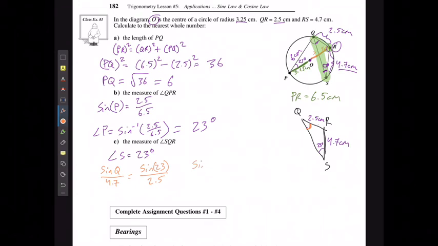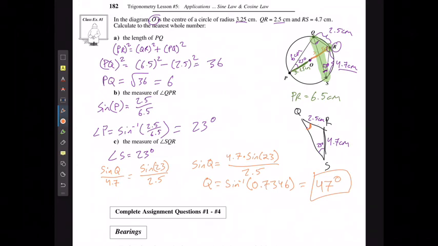Which means that sine of Q is going to equal 4.7 multiplied by sine of 23, all divided by 2.5. Which means that angle Q is going to equal sine to the negative 1 of what all that is. If I put that in my calculator, I'm going to get approximately 0.7346. And sine to the negative 1 of that is going to be 47 degrees.